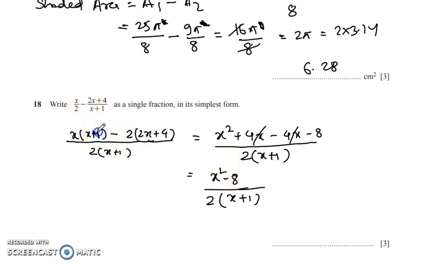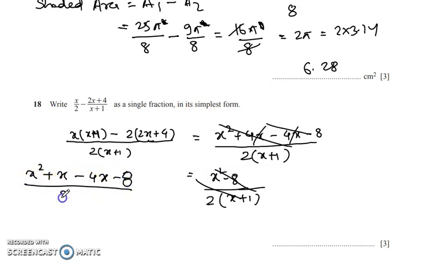Oh sorry, this was 1. I'm so sorry, so I'm going to cut this one. This is 1, I thought it was this, so this is x square plus x minus 4x minus 4 into 2 is 8 upon 2x plus 1. Now I can write x square minus 3x minus 8 upon 2x plus 1.